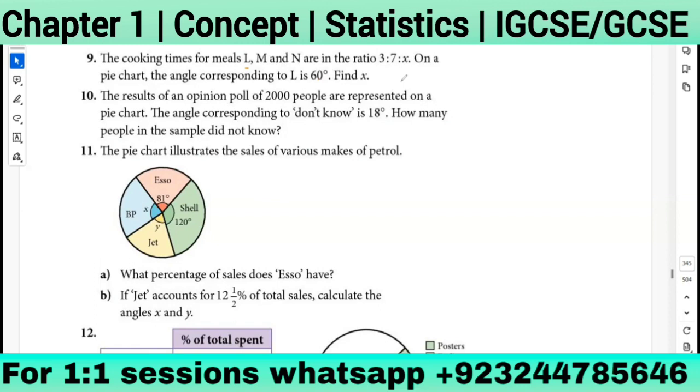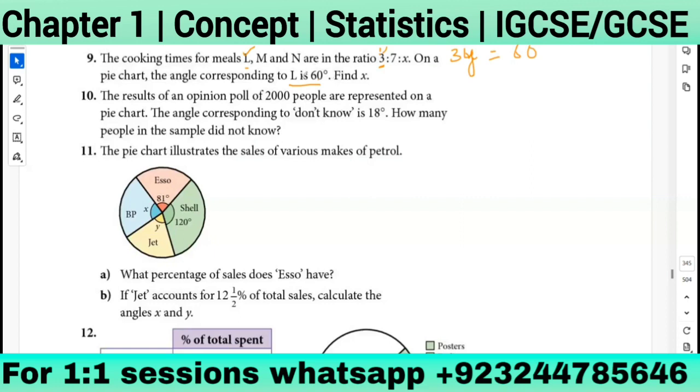Okay, so the cooking time was... Corresponding to L means the angle of L is 60 degrees. So we can write 3y is equal to 60 degrees, because L is 3.